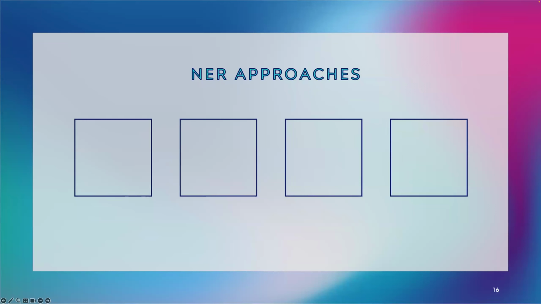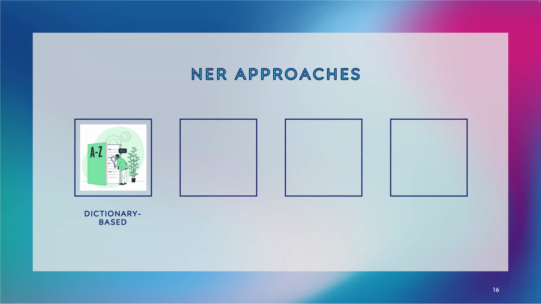Now let's look at different NER approaches. There are several of them. The first one is dictionary-based, and as the name says, it uses a dictionary with specific vocabulary, and then it uses basic string matching algorithms to determine if an entity appears in the text by comparing it with this dictionary that it has access to.